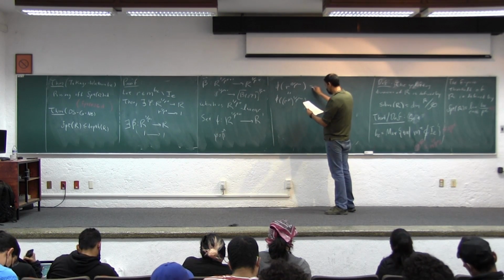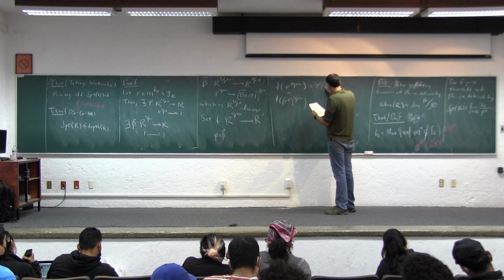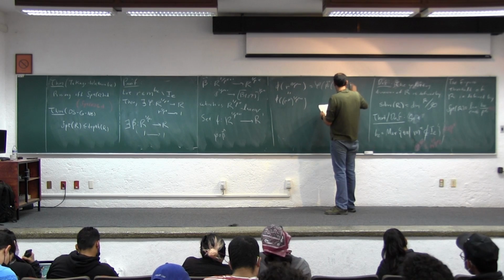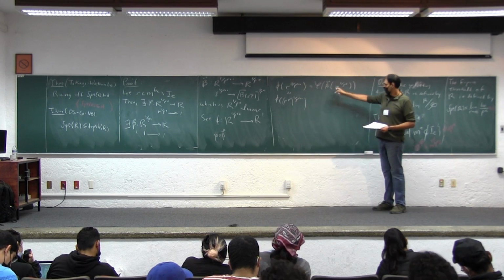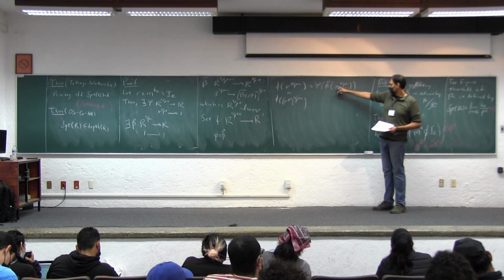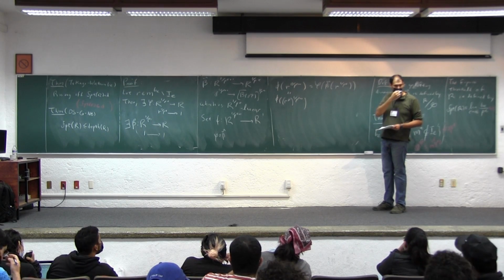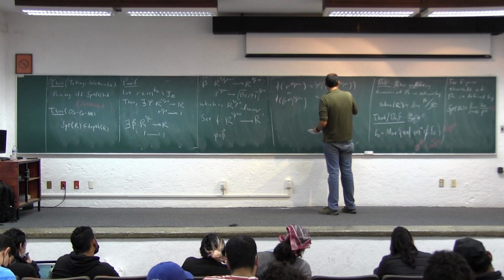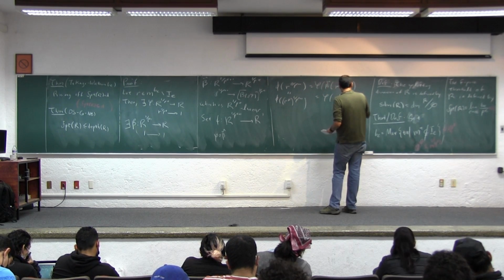So this is the same as bar phi beta tilde of R 1 over P to the E. Beta tilde is R1 over P to the E linear, no? So this is the same as phi of R1 over P to the E beta tilde of 1.